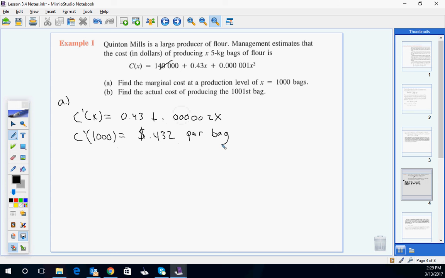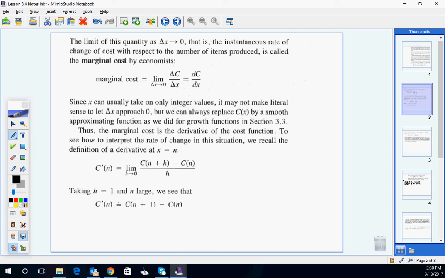And so, actually back to what Joe said about that equal sign with the dot, now we're going to find the actual cost of producing the 101st bag, and that idea is we're going to do 101 minus 1,000. Because if we do that, you can figure out how much it costs to make that one bag. That's what this was right here, the one after and the one before.